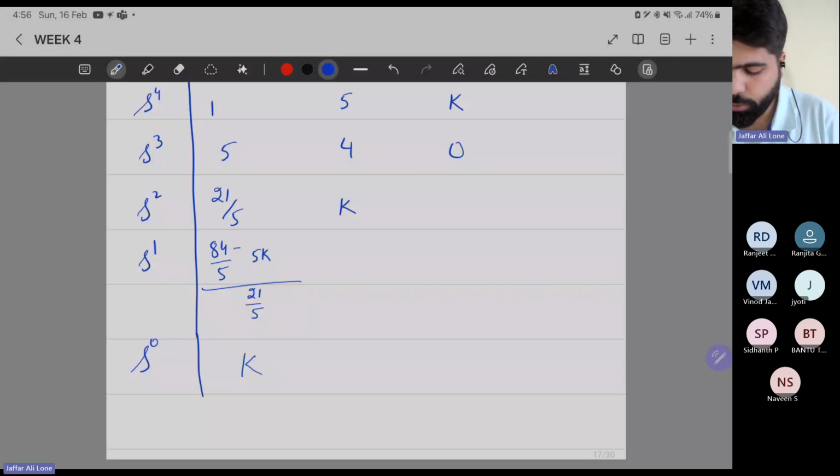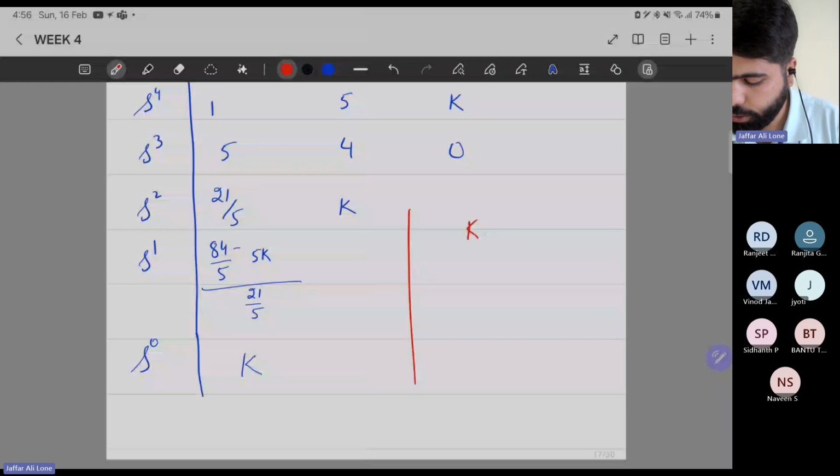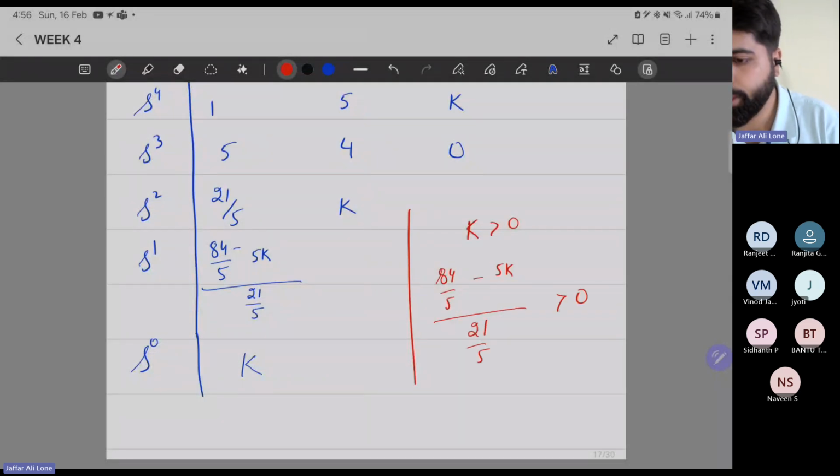In any case, for the system to be stable, what should we have? We should have every term positive. It means K should be greater than 0, and (84/5 minus 5K) divided by 21/5 should also be greater than 0.